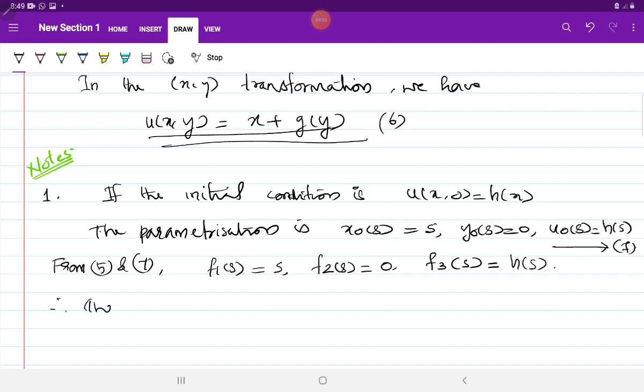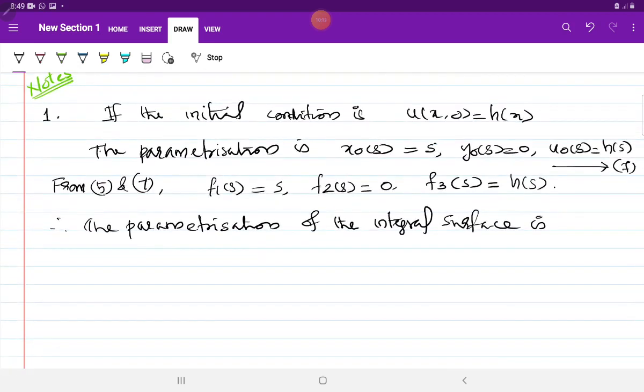Therefore, what will be the parameterization of the integral surface? x of t comma s is t plus f1 of s, that is t plus s. y of t comma s is f2 of s, and we know f2 of s is 0 itself.